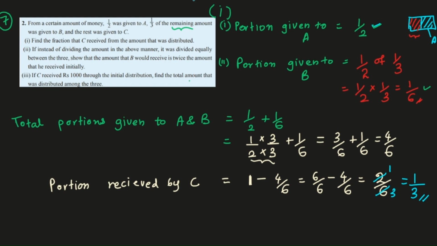Great. So instead of dividing the amount in the above manner, it was divided equally between 3. Right. Show that the amount that B would receive is twice the amount that he received initially. I hope the question is clear. What happens in the second part? They are mentioning that the whole land has been divided into 3 equal parts, right?